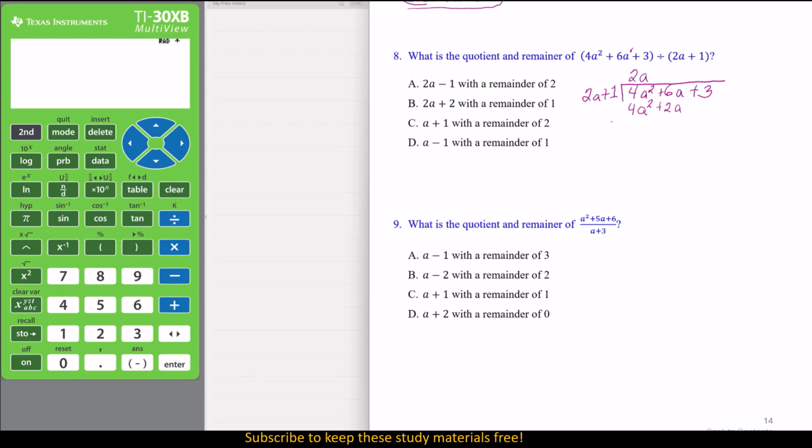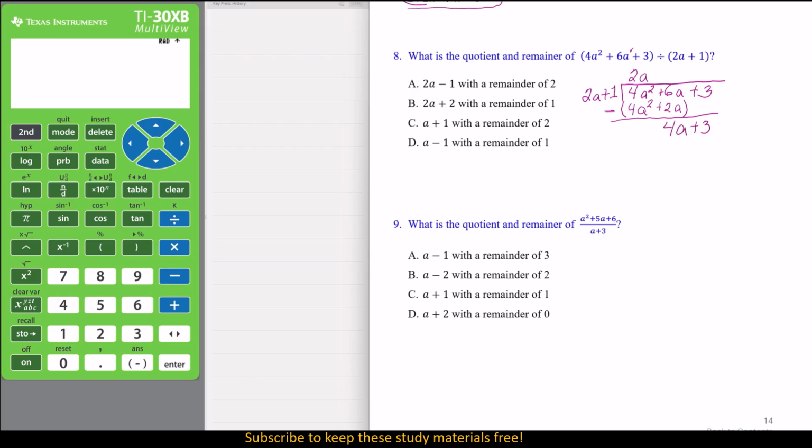It's a bit different from traditional long division, because you need to put parentheses around all of this, and we're using a subtraction, and then bring down the plus 3. So 4a squared minus 4a squared is obviously 0. Then 6a minus 2a is 4a.